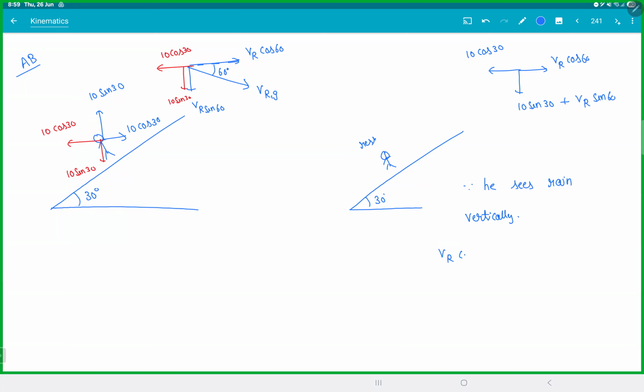Therefore, VR cos 60 minus 10 cos 30 is 0. So VR will be 10 root 3 meters per second. This is the actual speed of the rain in the ground frame.